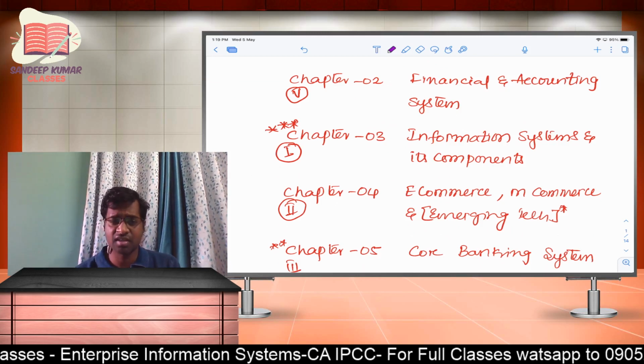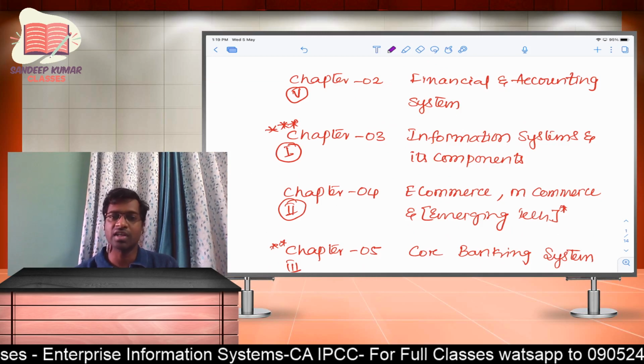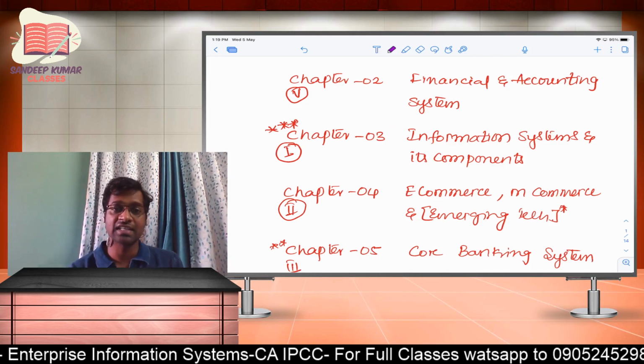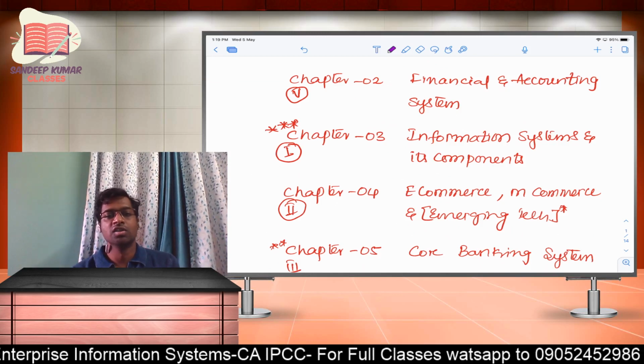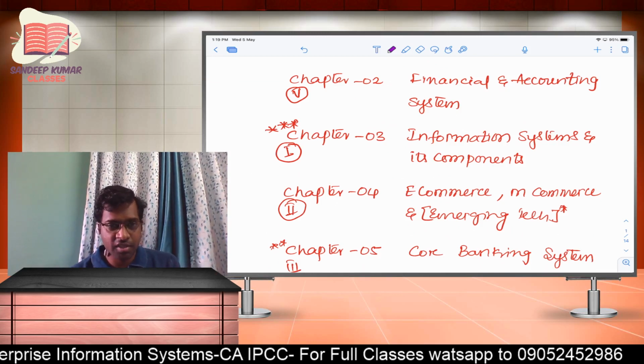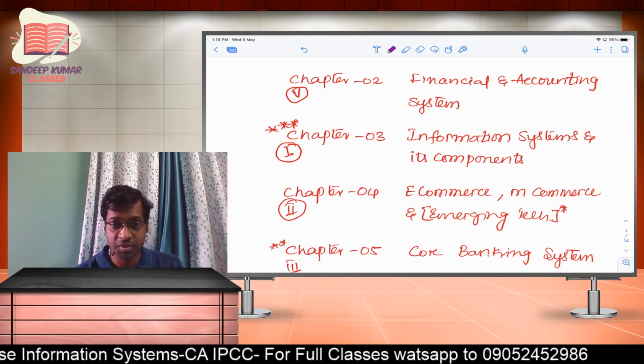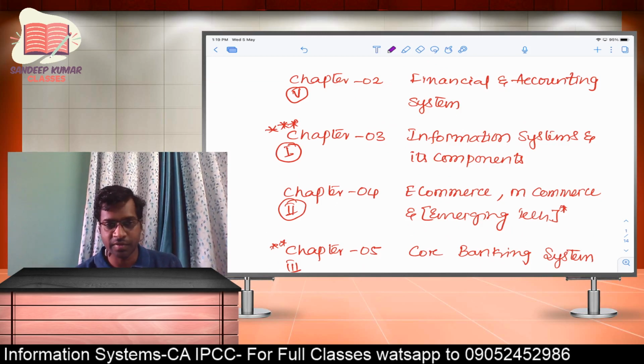We'll be studying one of the most basic and important information systems, that is enterprise resource planning, also called ERP. This software is used for integrating all the information systems.